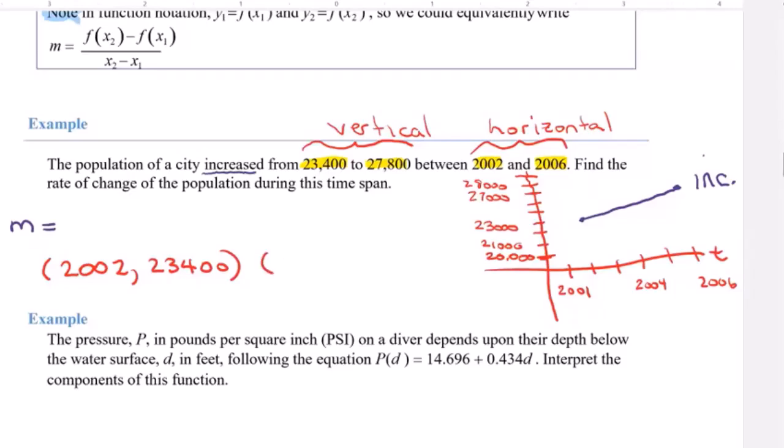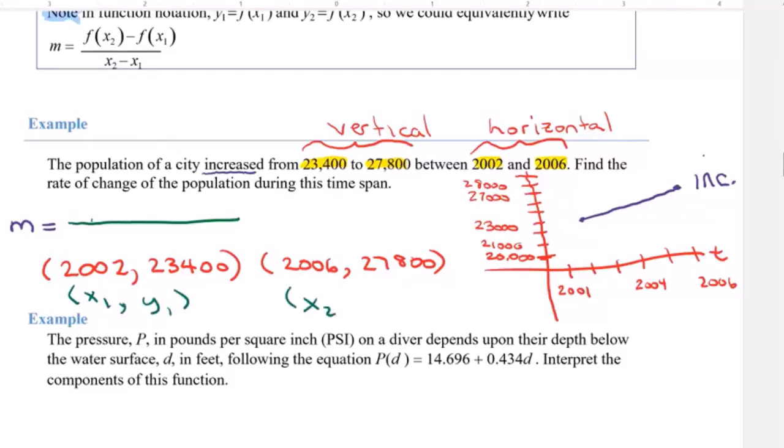And in 2006, I have 27,800 people. So how do I find my slope? I just take the two different values. We're going to call this x1, y1, x2, y2. And again, it doesn't matter which one you call which.